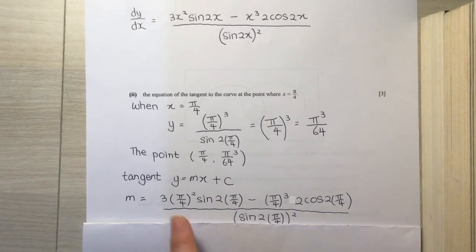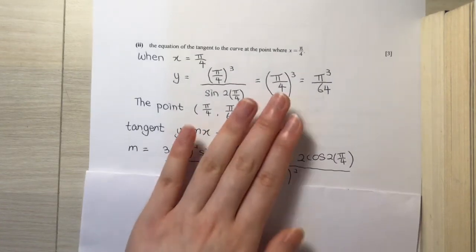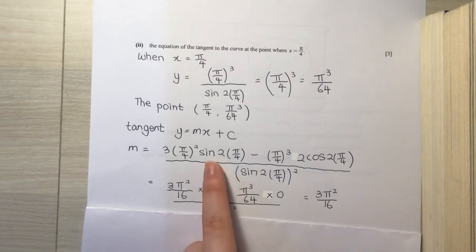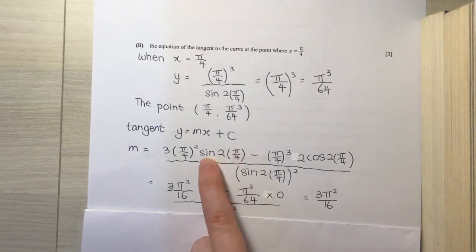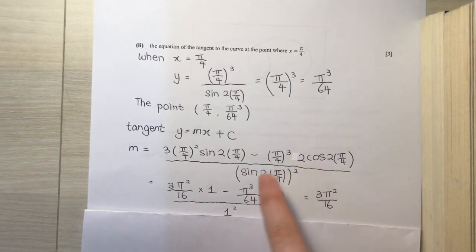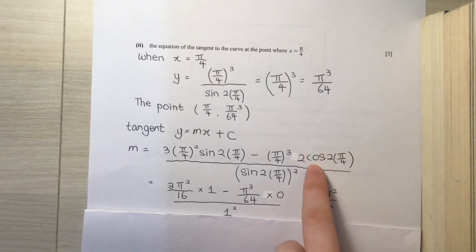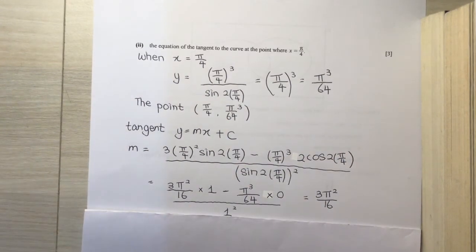It's best to write down the entire equation again first, and then replace x with pi over 4 to avoid mistakes. Then type it in your calculator. Sine of 2 times pi over 4 equals 1, and cos of 2 multiplied by pi over 4, if your calculator shows the answer in radian form, you actually get 0.